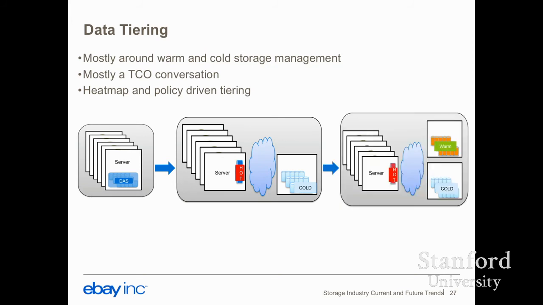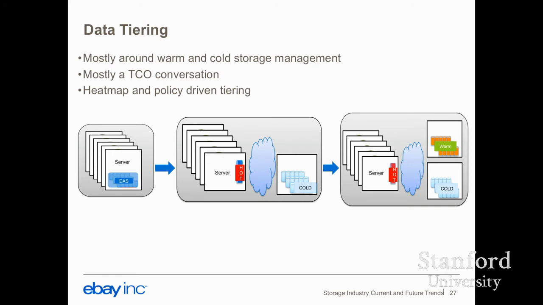But the goal is to get to where we have a really thin, hot layer of data inside our servers. Then we have a warm layer, and a very cold layer of data, which is usually over a year old, but we still need to keep it around. With e-commerce, you need to be able to go back year over year.